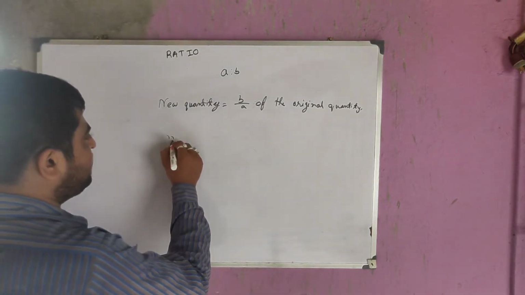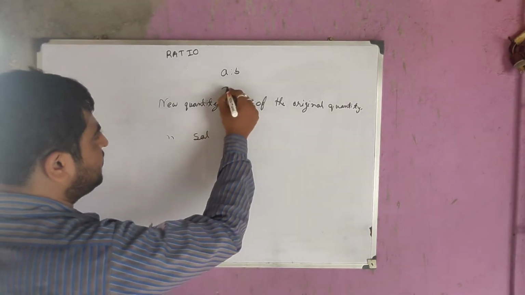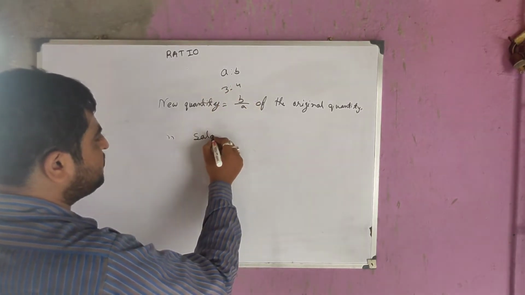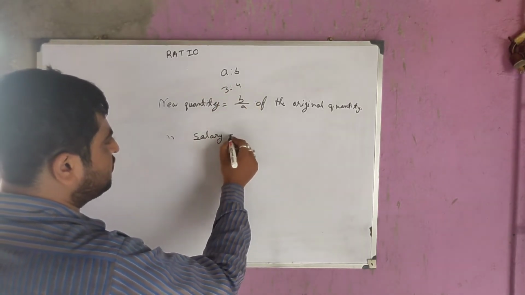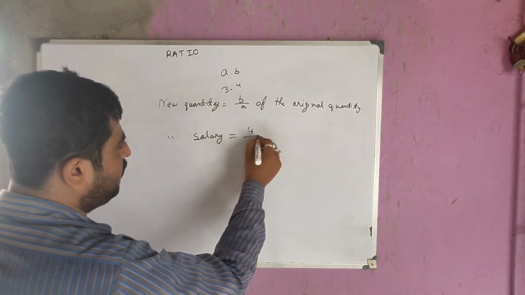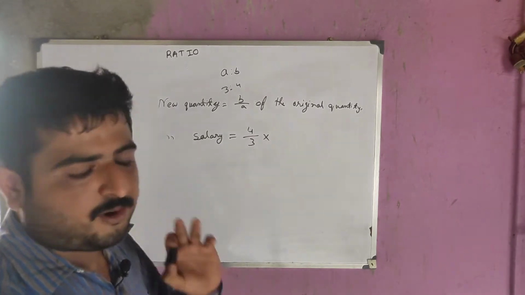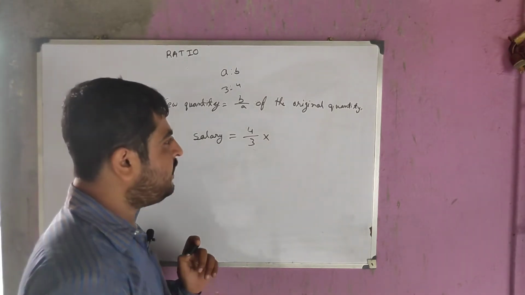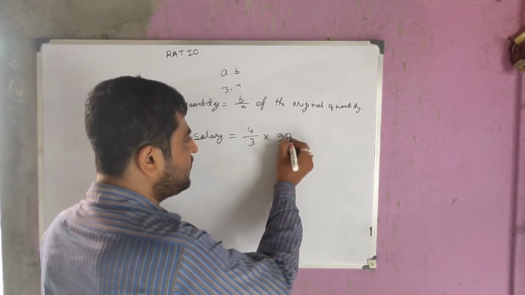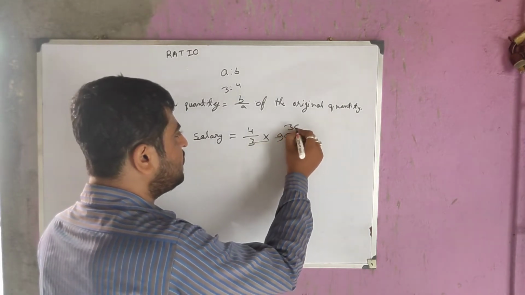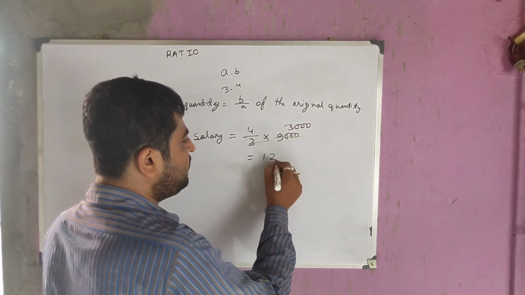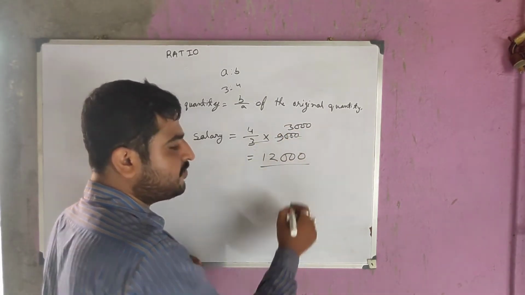The salary is increasing in the ratio 3:4, so the new salary will be 4/3 of the original quantity. The original salary of the man is 9,000. So his salary will become 12,000.